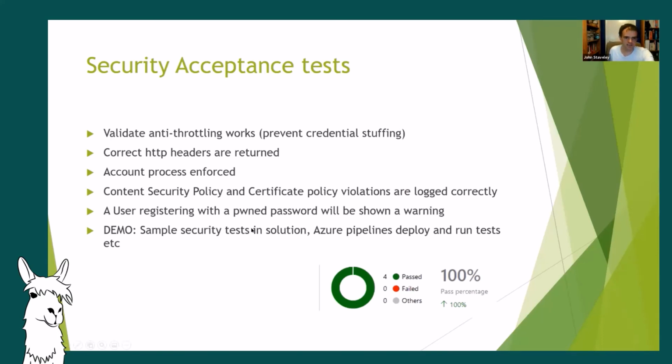We also check that Troy Hunt's pwned passwords show a warning, and that works in the solution and in Azure deployments, Azure pipelines. So I won't show you that; you can just assume that the test will pass.